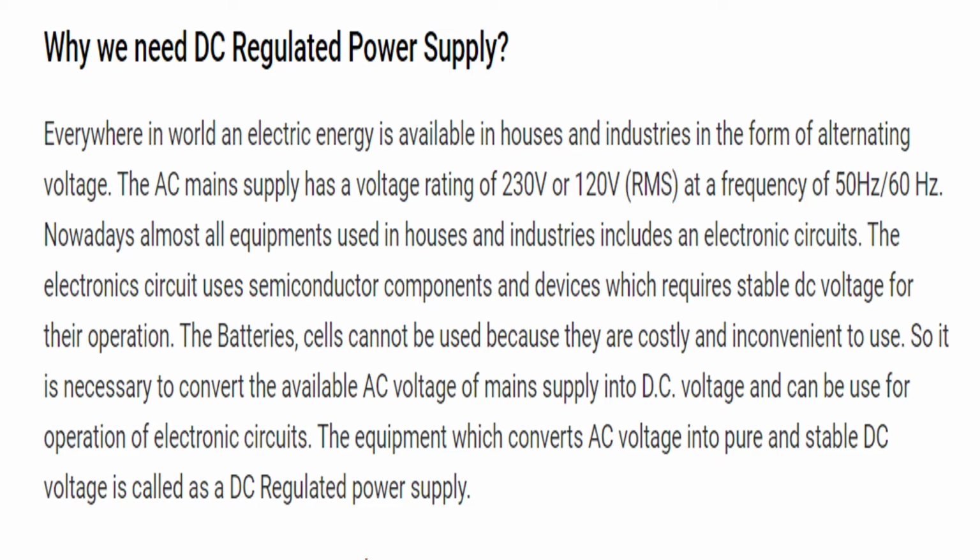Everywhere you cannot use batteries or cells because that works out to be more costly. So it is necessary, most of the time, that whatever AC voltage you have from the main supply, at your home or in your industries, 230 volt or 120 volt, should be converted into DC and then used for operation of electronic circuits.